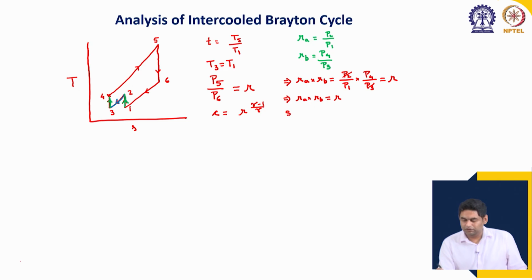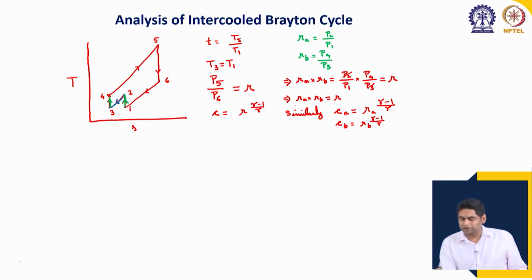So, similarly, C can be defined: C A, which is for the process going from 1 to 2, is equal to R A to the power (gamma minus 1) by gamma. And C B is equal to R B to the power (gamma minus 1) by gamma.